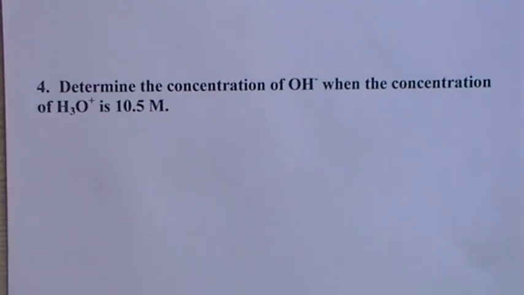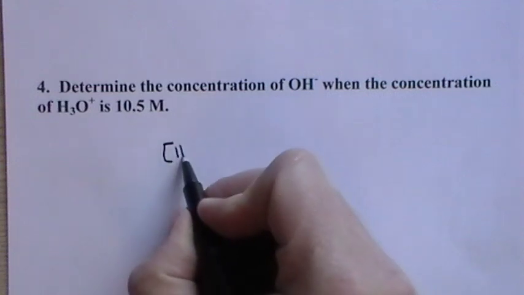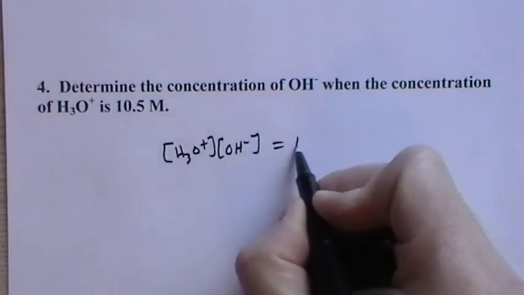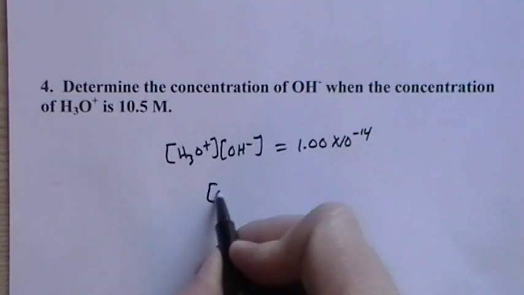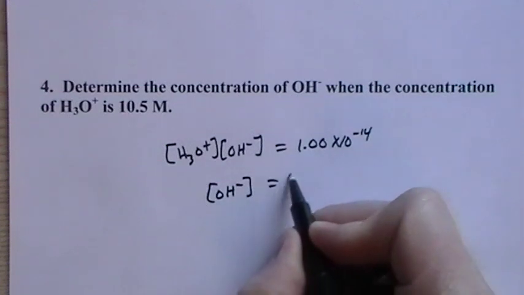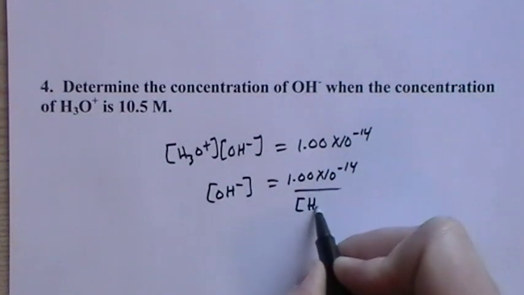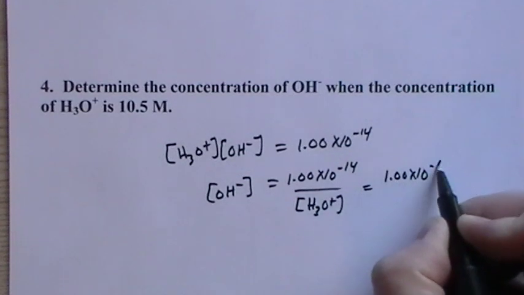Determine the concentration of OH minus when the concentration of H3O plus is 10.5 molar. Okay, so we have this expression again. It's going to be our friend, so you should know this one. And then OH minus, if we rearrange, and I skipped a step last time. I think it's not too bad to do that, but I'm going to put everything in this time.